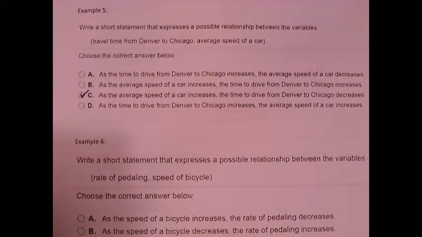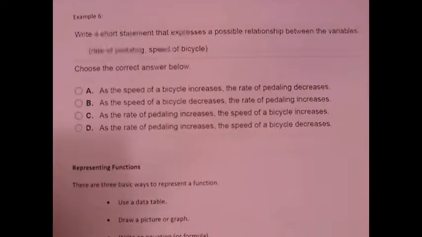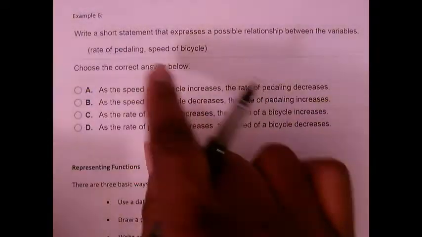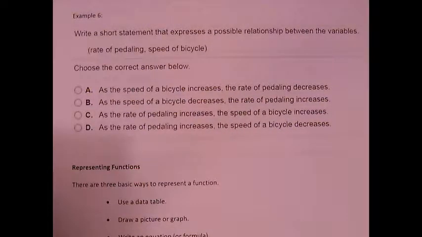All right, here's another example. Write a short statement that expresses a possible relationship between the variables. So here we have the rate of pedaling and speed of a bicycle, and we want to find which one will be the best one that explains the possible relationship between those two.